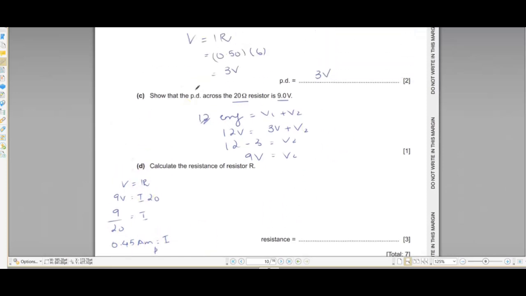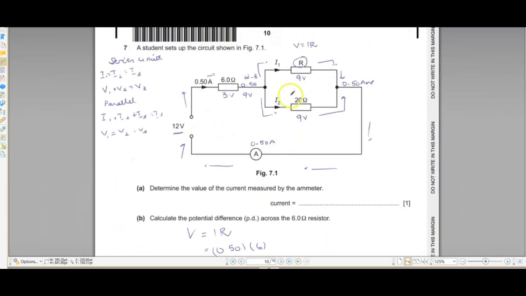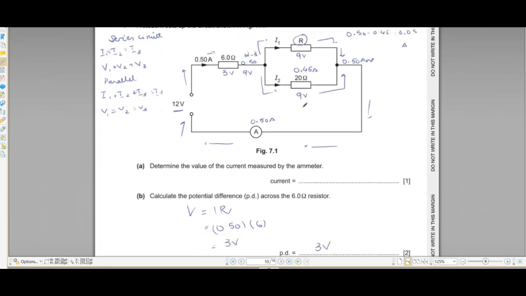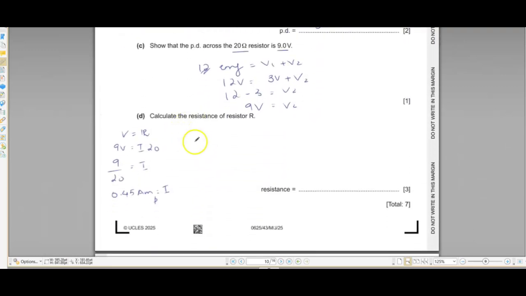So if we return to the circuit and we know that this resistor is getting 0.45 amperes and the total current here was 0.50, this is going to get a current of 0.50 minus 0.45. This is going to give us a value of 0.05 amperes, right? So now we know the current, we know the voltage, so it is very easy to find the resistance.